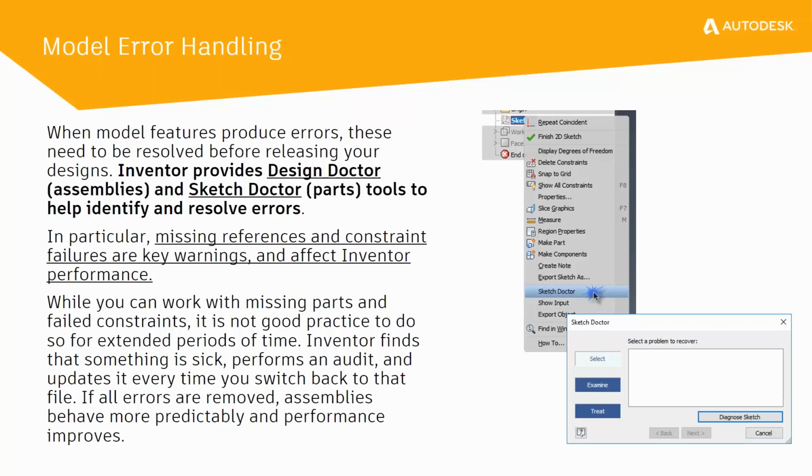This can be things like missing references or constraint failures, which are some of the key reasons for performance issues inside of Inventor. If you are encountering an issue with, say, a sketch, you can right-click it, go down to Sketch Doctor, and that'll open up a similar panel to what you see inside of the Design Doctor, which will highlight any sketch issues, enable you to examine those and treat them to resolve the problem.